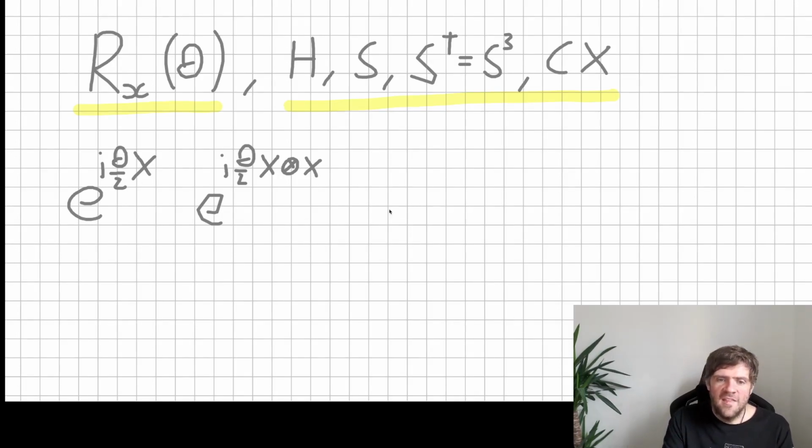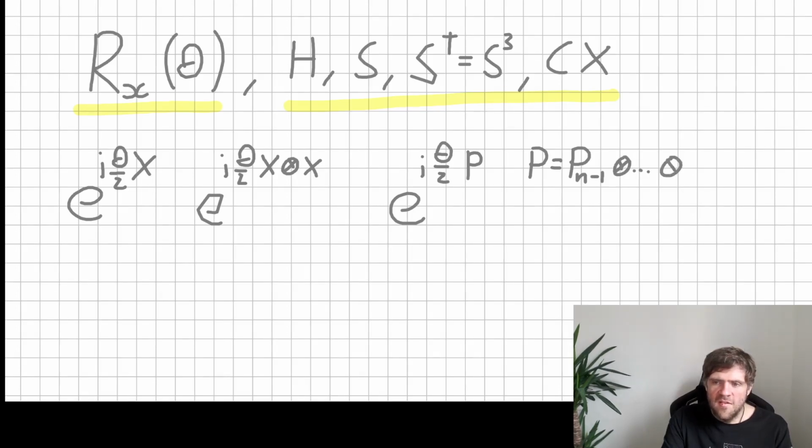And we can get to the point of expressing this as e to the i theta over 2 P, where P is some general n-qubit Pauli. So it's the tensor product of some Pauli on qubit n-1 all the way down to qubit 0, the first qubit.